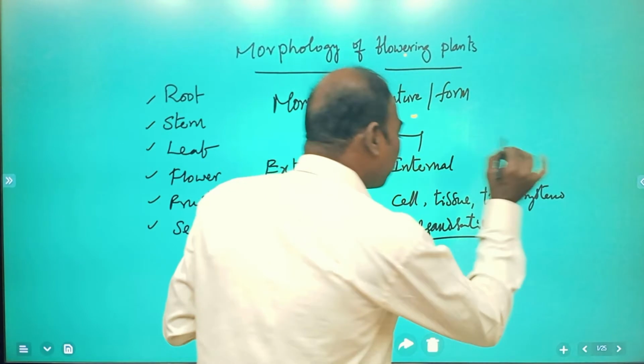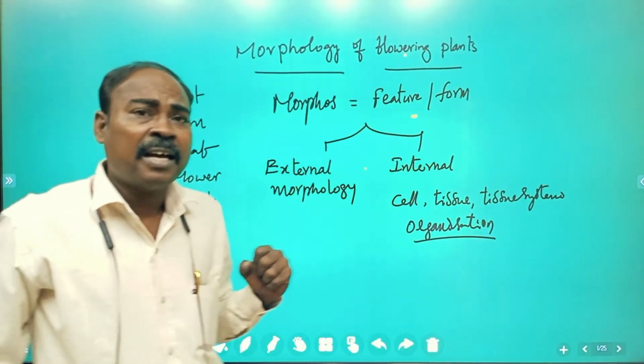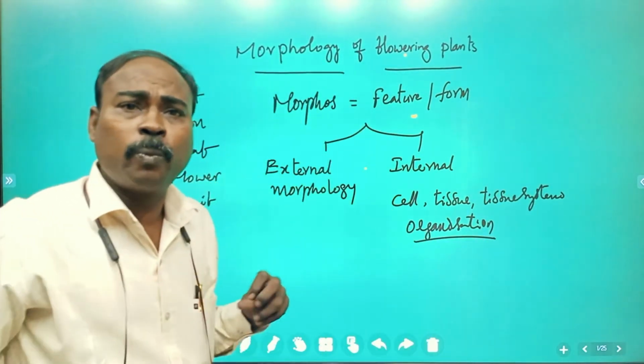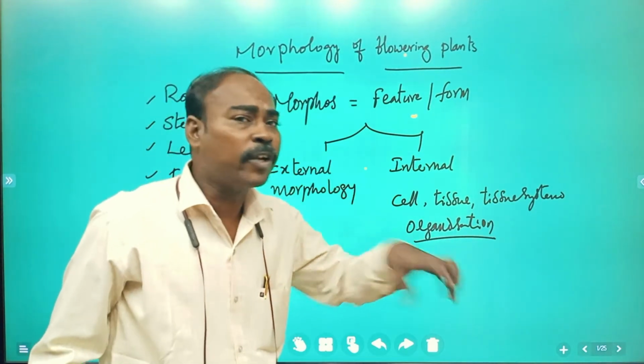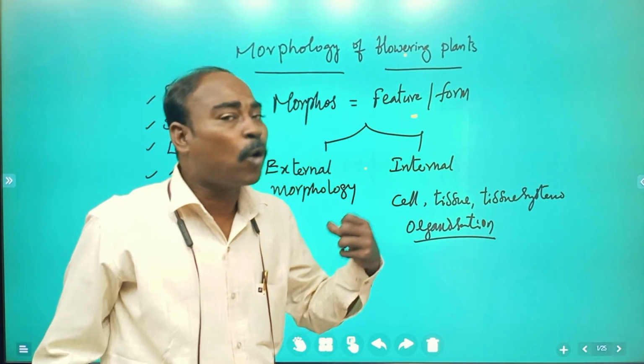What types of arrangement are seen? When viewed under electron microscope, we can observe the internal parts, the arrangement of the tissues in the plant body.